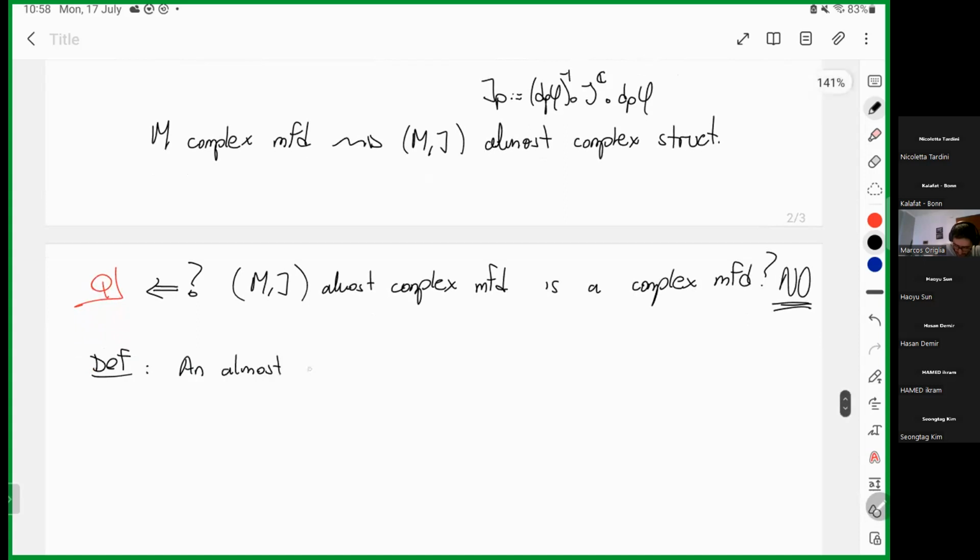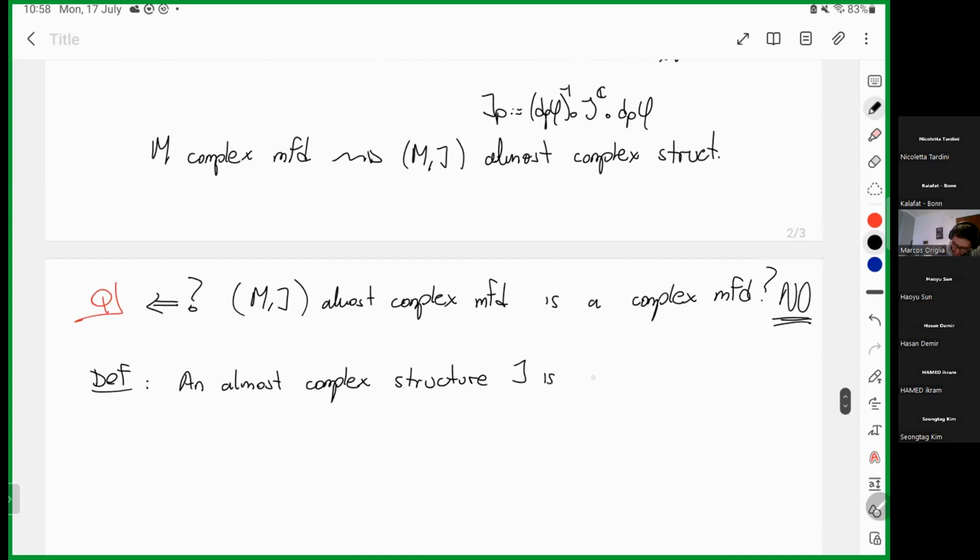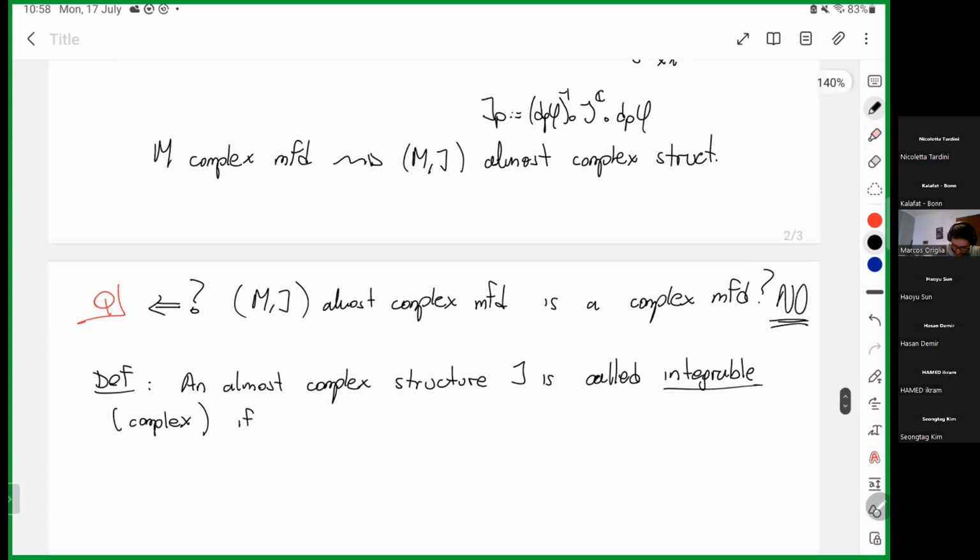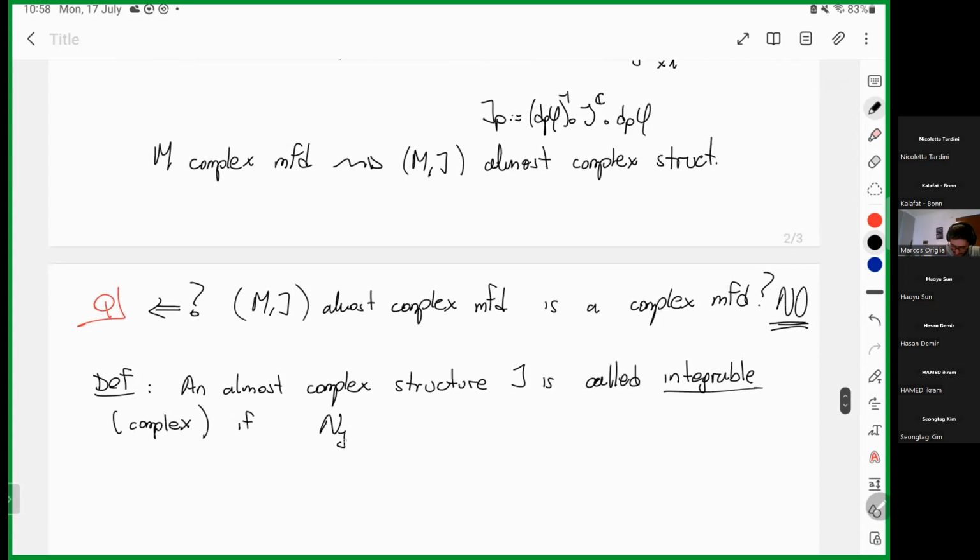An almost complex structure J is called integrable, or sometimes also called complex, if this algebraic condition holds: there is a tensor evaluated on two vectors, the bracket of JX and JY, minus the bracket of X and Y, minus J of the bracket of JX and Y plus the bracket of X and JY.